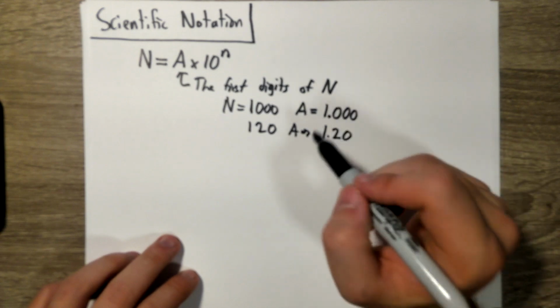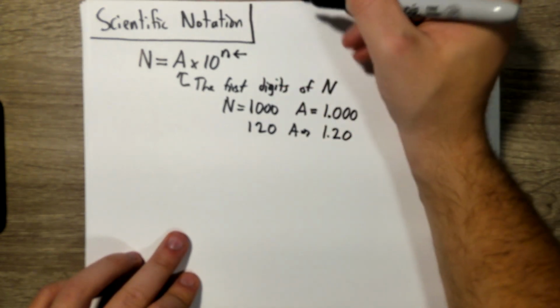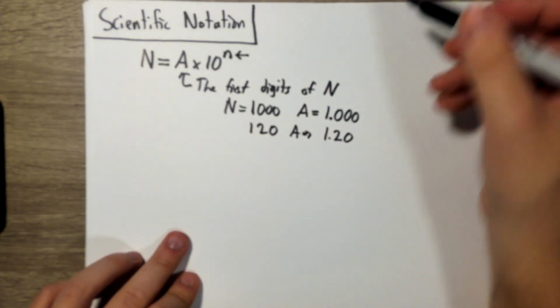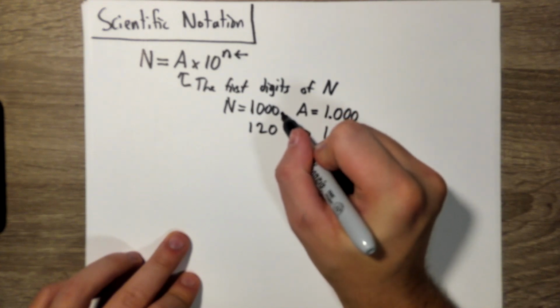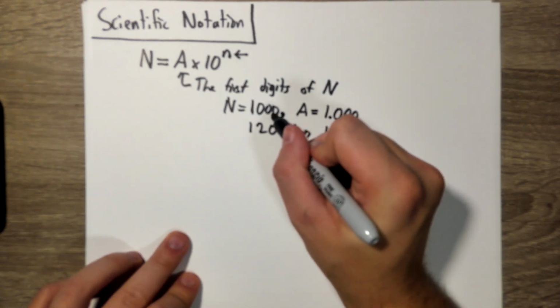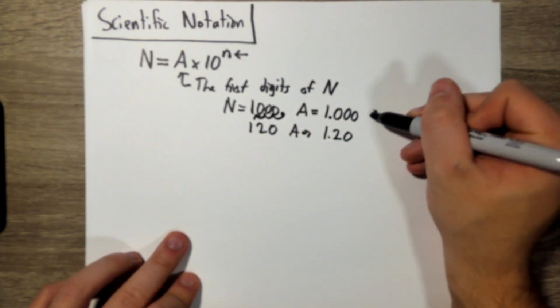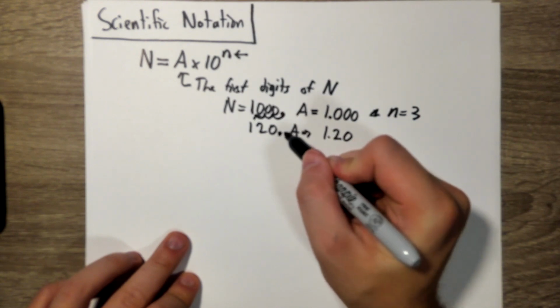Now, so that's what A is. Now, lowercase n is the number of decimal places you move to do this operation. So with 1,000, you originally have the decimal place at this point, and you move it over 1, 2, 3. So n equals 3 in this case. And the decimal place for 120 is here.